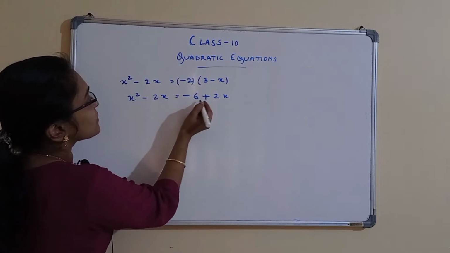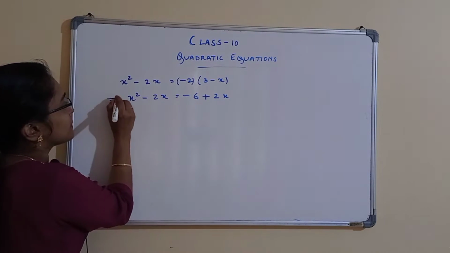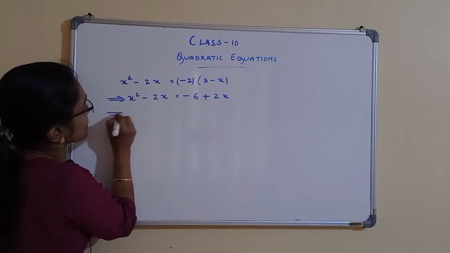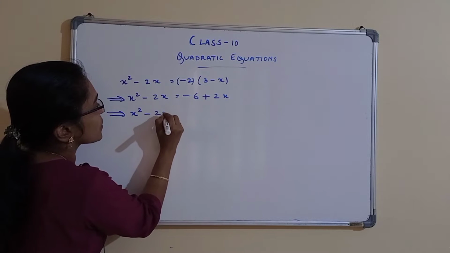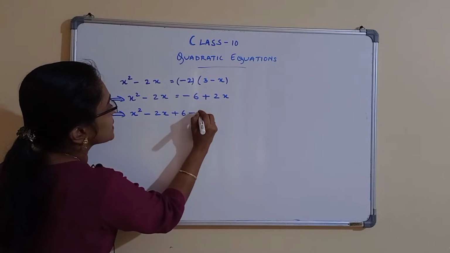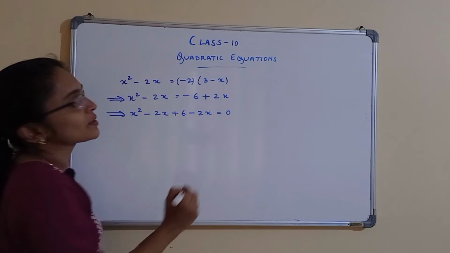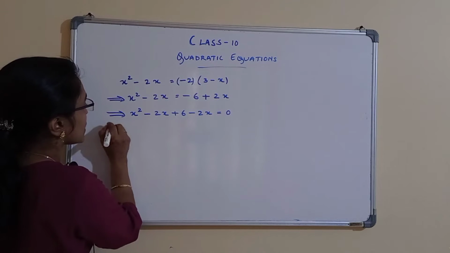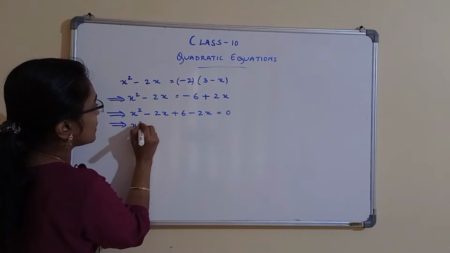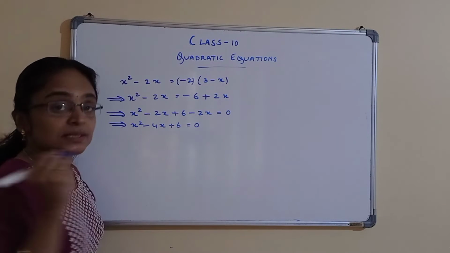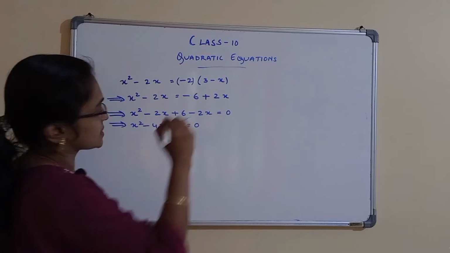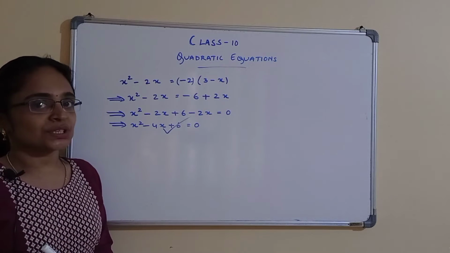So bringing this to the left hand side, we have x² − 2x + 6 − 2x = 0. So this implies x² − 4x + 6 = 0. Is this a quadratic equation? Yes, this is a quadratic equation.